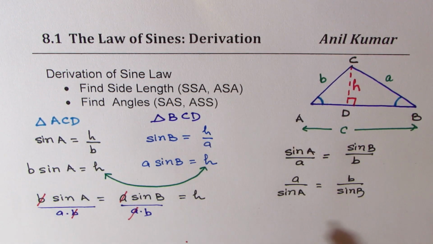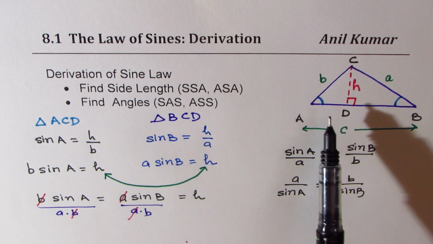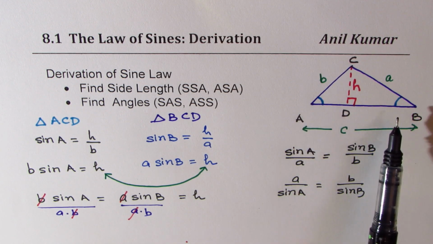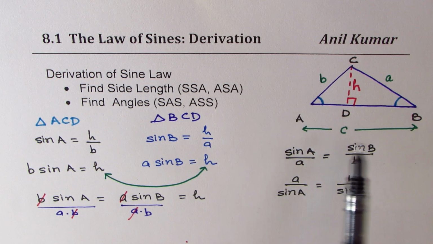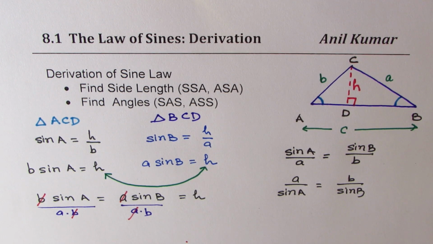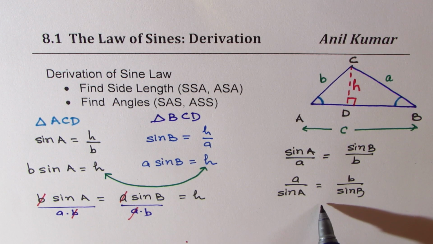Now we did this derivation using angle A and angle B. Now if you redo the whole exercise, and this time instead of dropping a perpendicular from C, let me show you another diagram.